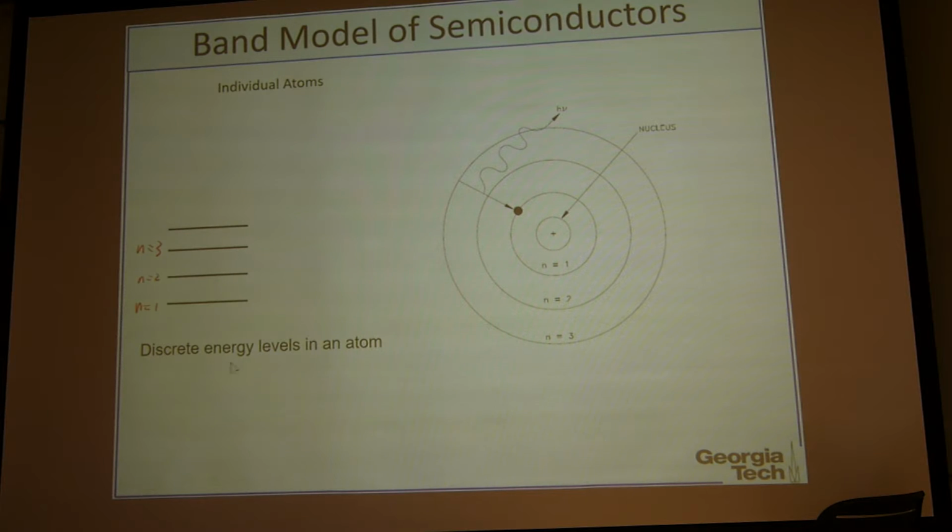This is a discrete energy level in an atom. Of course, in equilibrium the electrons tend to occupy lower levels first. If you have some stimulus from outside, for example a laser, the electrons tend to move to a higher energy level. But in the equilibrium state, electrons occupy the lower energy levels first.